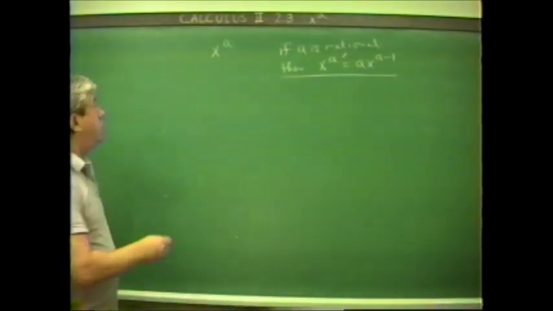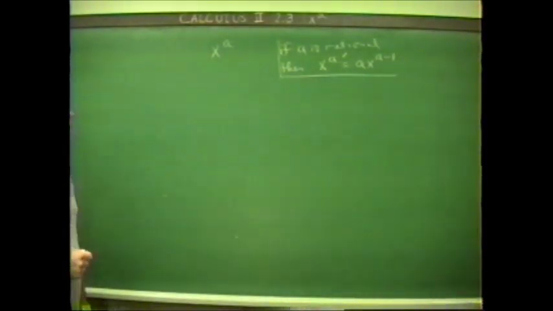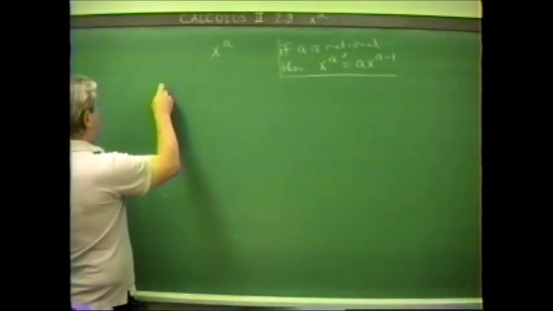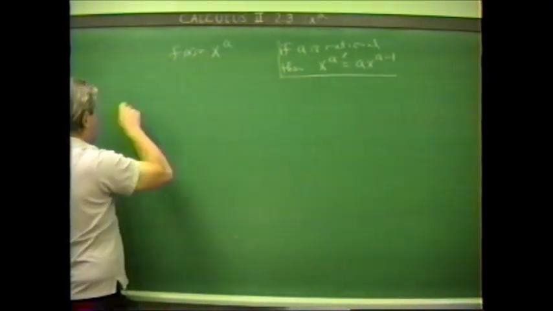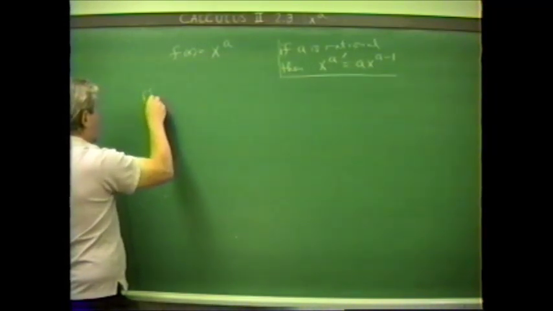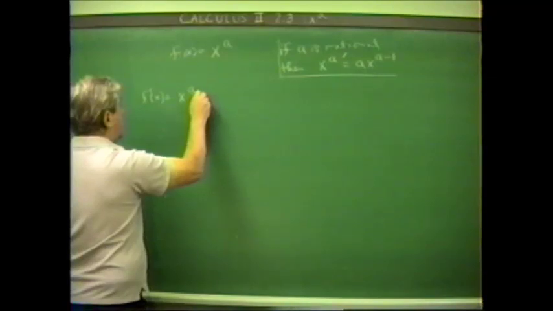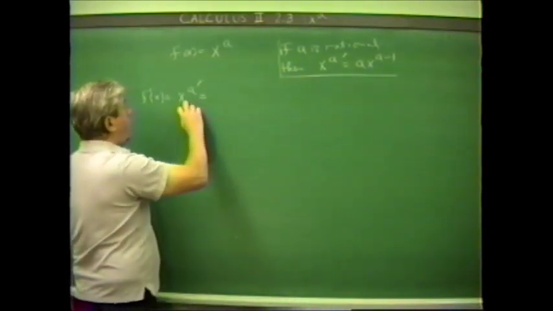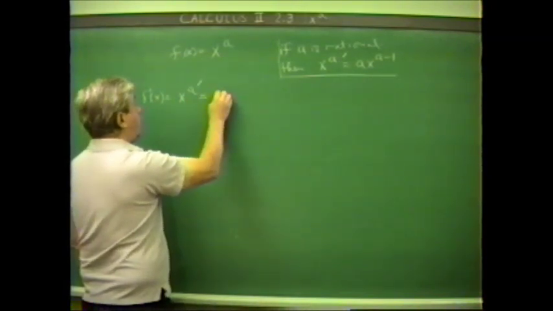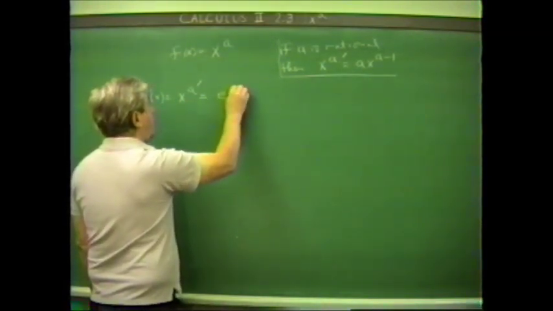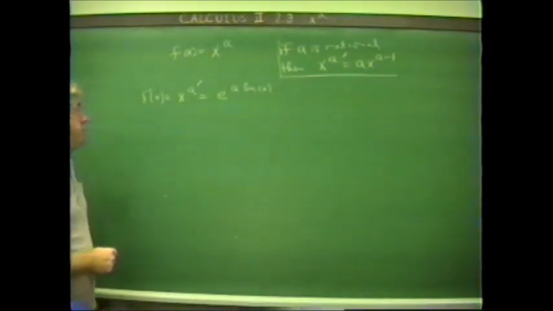We want to see that now that we're this far along, this formula actually holds whether a is a rational number or not. So we want to look at f of x equals x to the a, and compute f prime of x. Well, x to the a is e to the log of x to the a, that's to say it's e to the a log x.